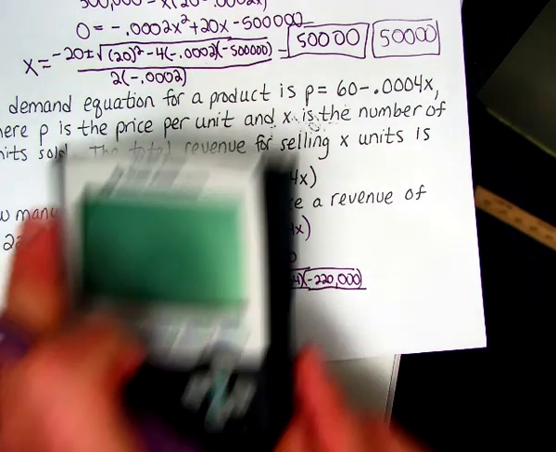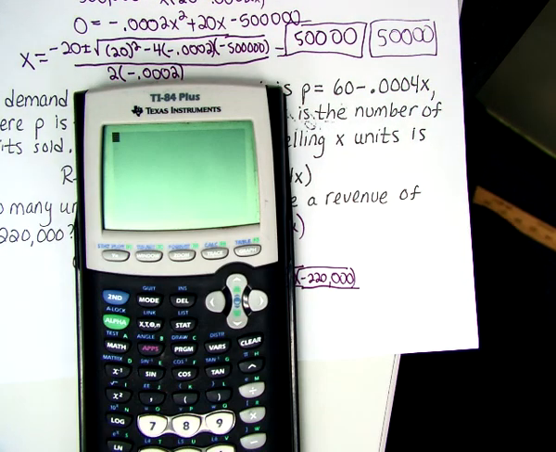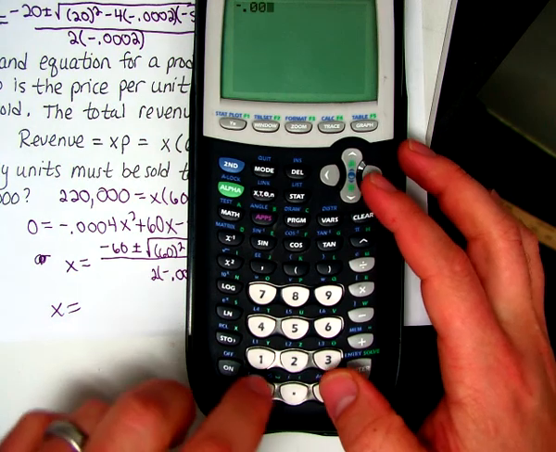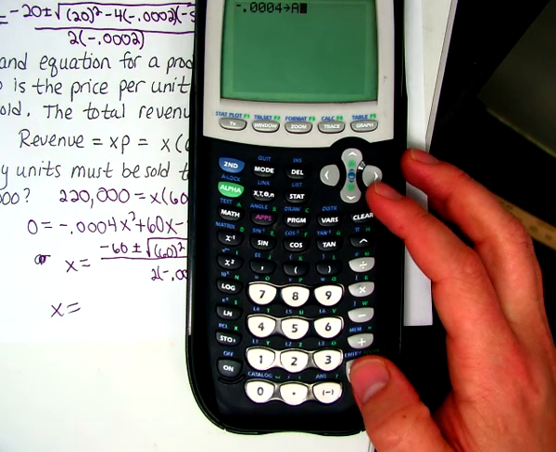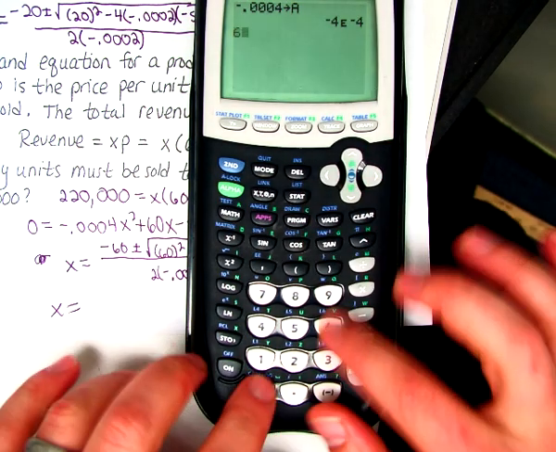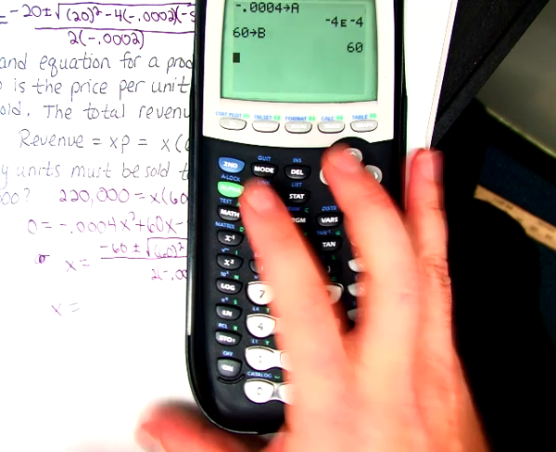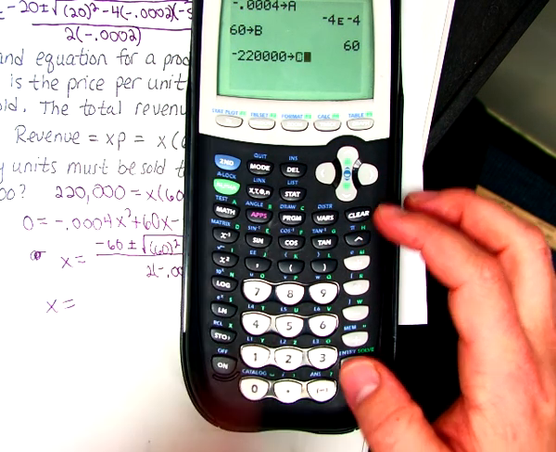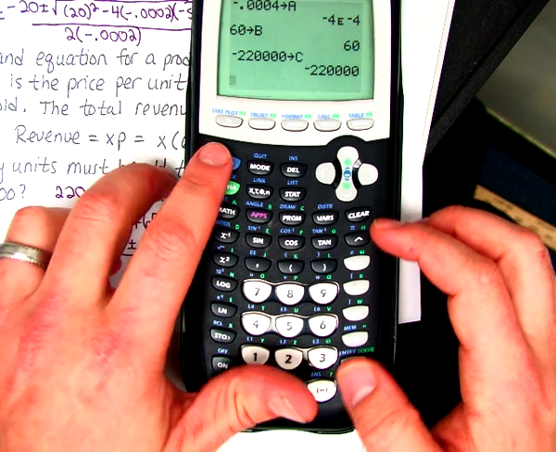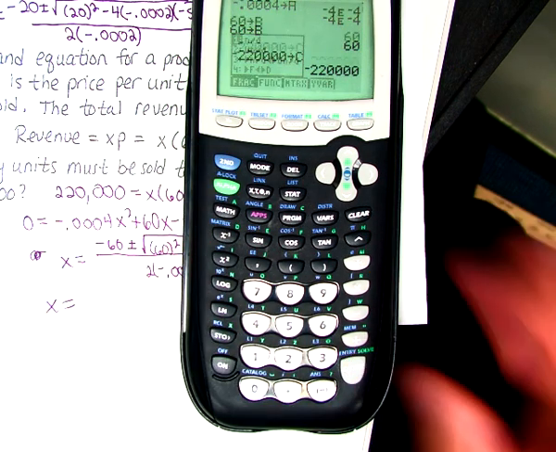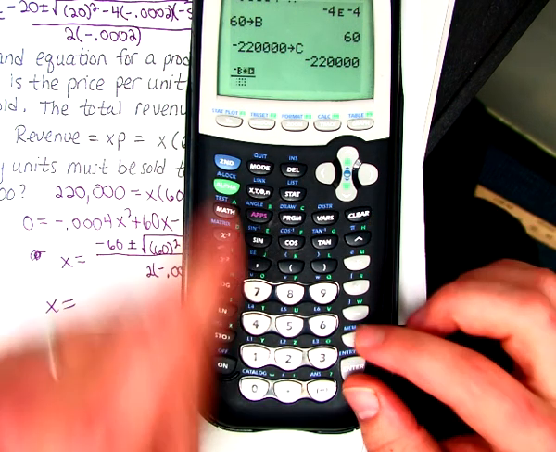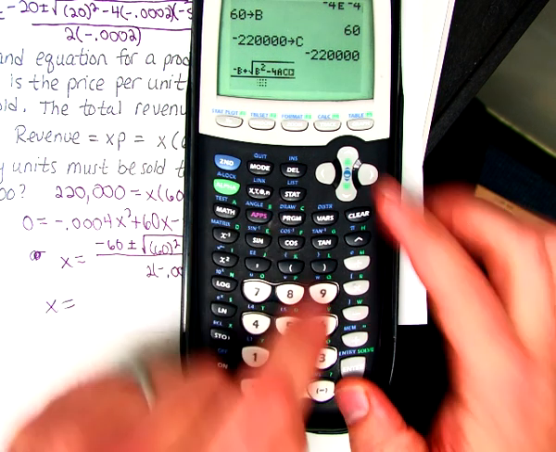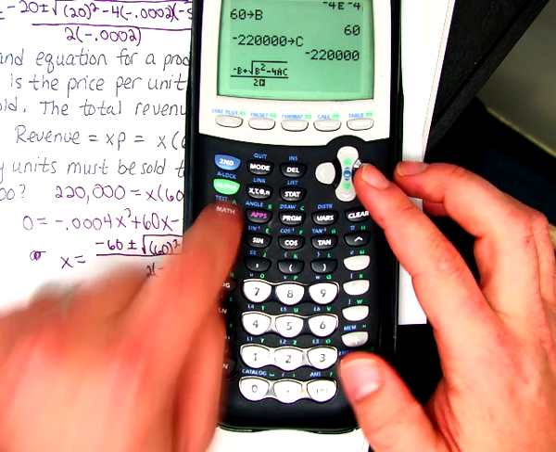We're still going to use the calculator like we did with the last one. We're going to store our values. So negative 0.0004, store it as A. 60 is going to be stored as B. And negative 220,000 will be stored as C. And so now let's do our quadratic formula. Negative B plus the square root of B squared minus 4AC all over 2A.